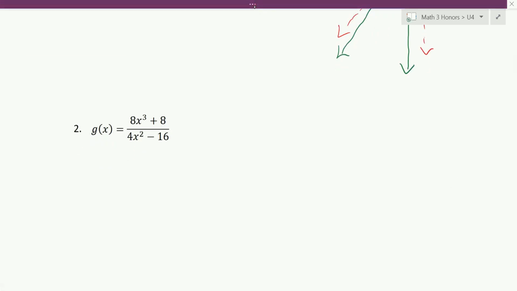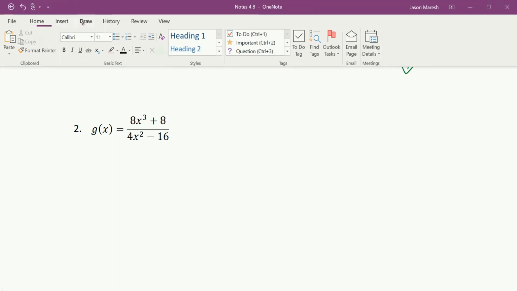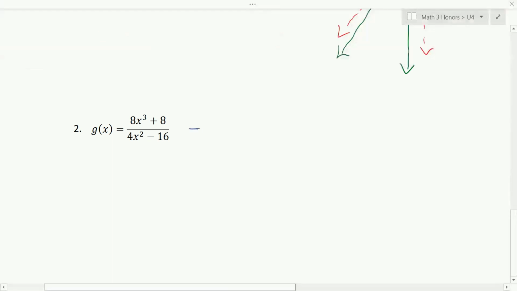So first find your y-intercept. And we get 0, negative 1/2.